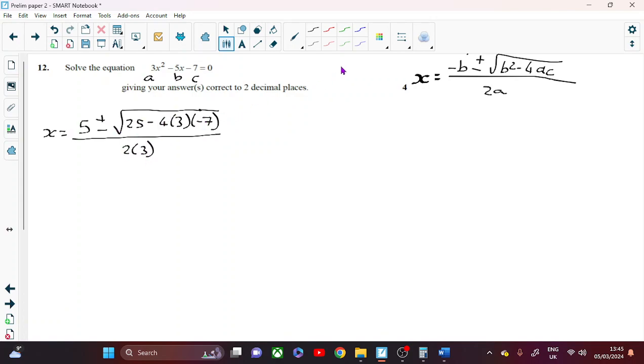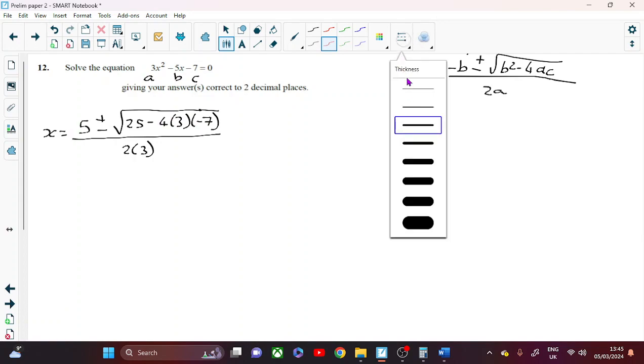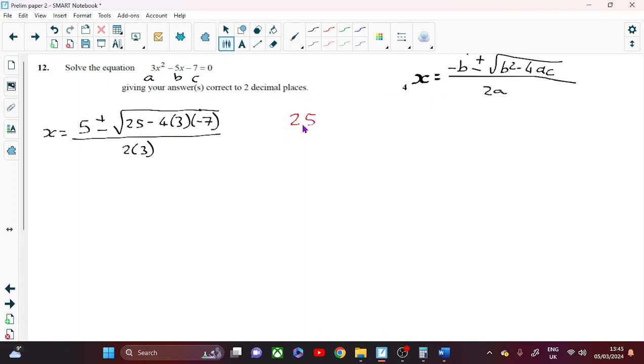Now I'm going to deal with the bit inside the square root first. So I've got 25 minus, well, I've got a minus times a minus, so I'm going to have a plus 4 times 3 is 12, 12 times 7. Well, 11 times 7 is 77, plus 7 would make it 84.